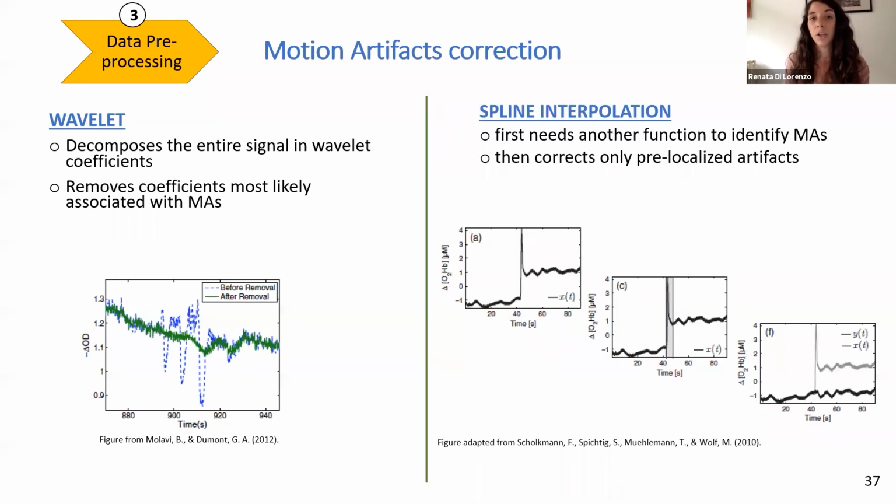Spline interpolation is a different method, and I would call it a very specific method. Why? Because it works on a specific bit of your signal. First you need another function to identify the motion artifacts, the motion artifact detection I mentioned before. This is your signal with a big spike and a step change.